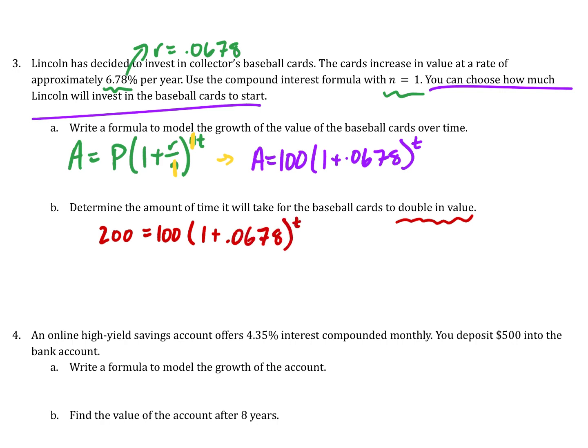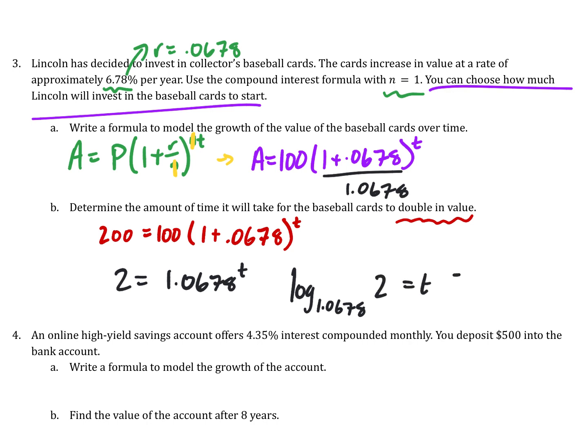By the way, this decimal is just 1.0678. Divide both sides by 100, we get 2 equals 1.0678 to the t. So log base 1.0678 of 2 equals t, which is 10.57 years.